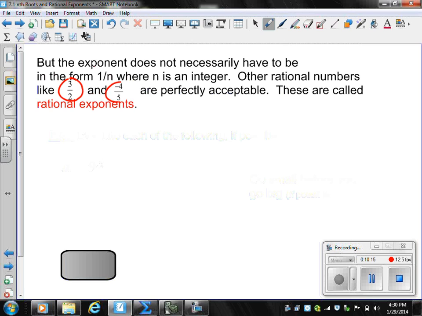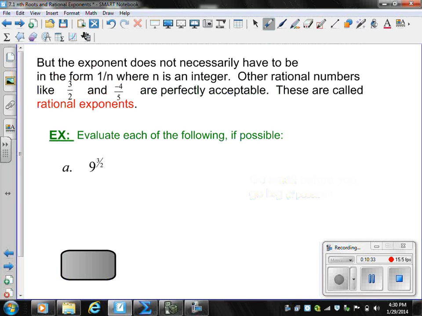Okay, so let's do a little evaluating here. We're going to evaluate 9 to the 3/2. So what I'm absolutely not going to do is think of this as 9 to the 1.5. That is of no help to me whatsoever. I want to keep this as a fraction, because that fraction means something to me, right? I can write this in radical form, and it's going to have a different meaning for me.